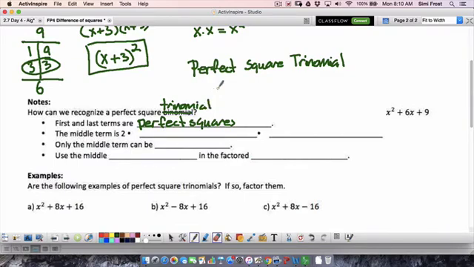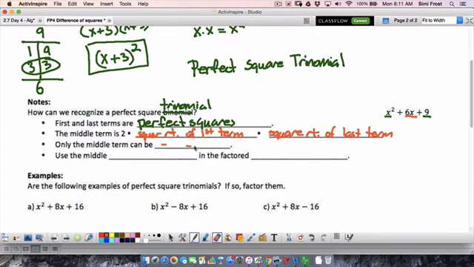But how can I recognize a perfect square trinomial? Well, the first and last terms are perfect squares. So here we go. x squared is a perfect square, and 9 is a perfect square. Now the middle term, and I'm going to color code this here, is 2 times the square root of the first term times the square root of the last term.